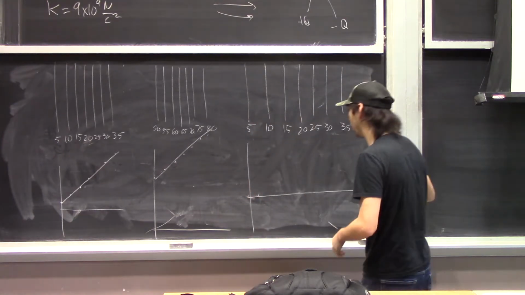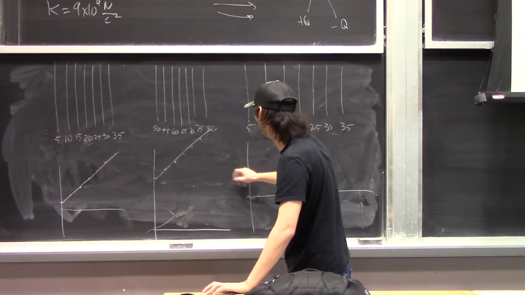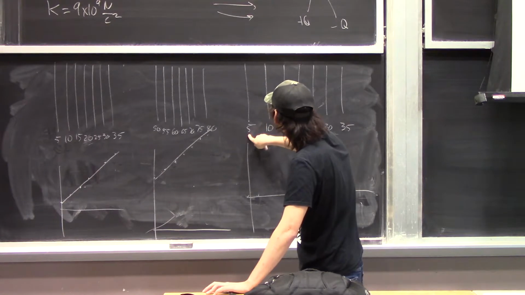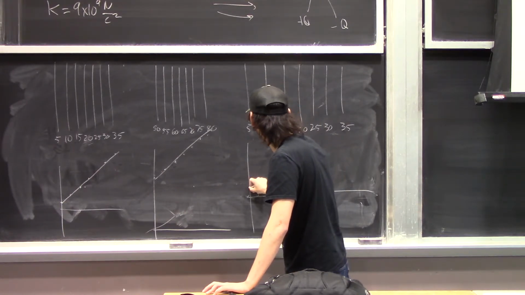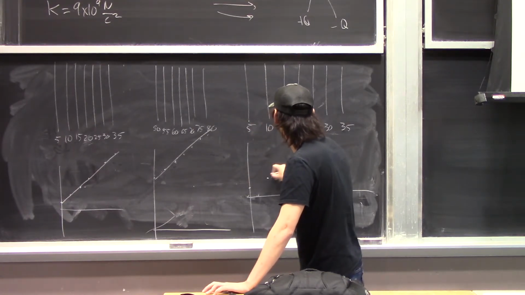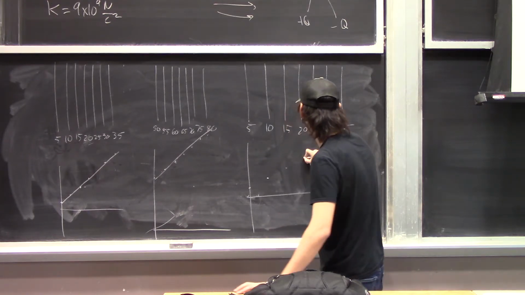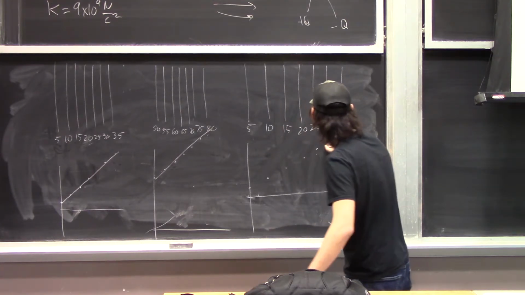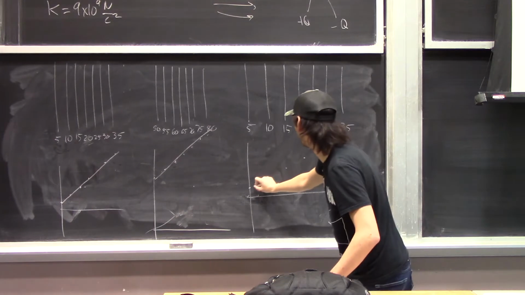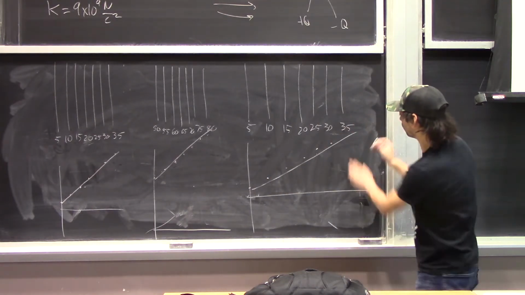So this one, I have the same change in electric potential between these 2 points, but it's much shallower, the angle that I'm going to have here ultimately, because the spacing between these points is larger, okay? So this is more what it looks like.